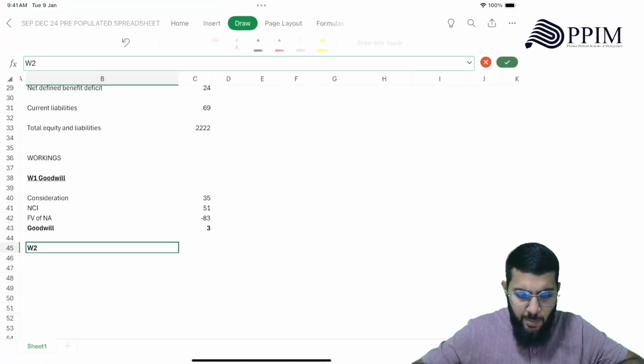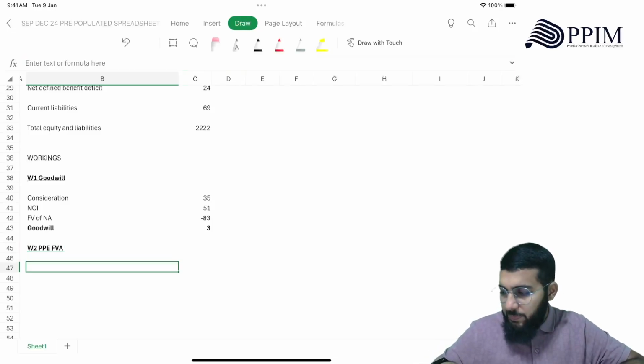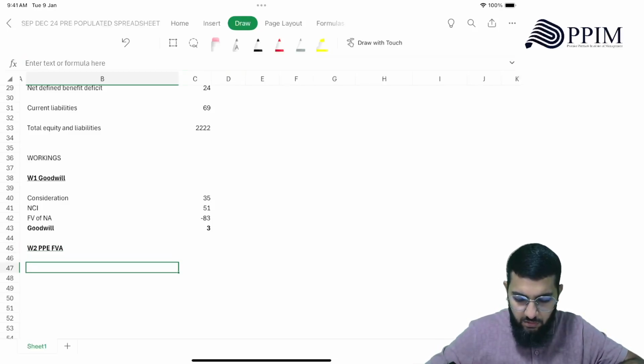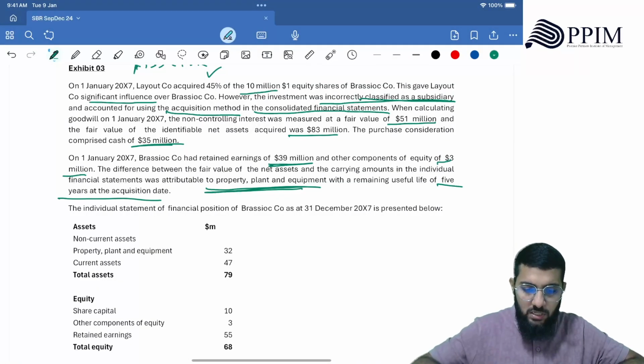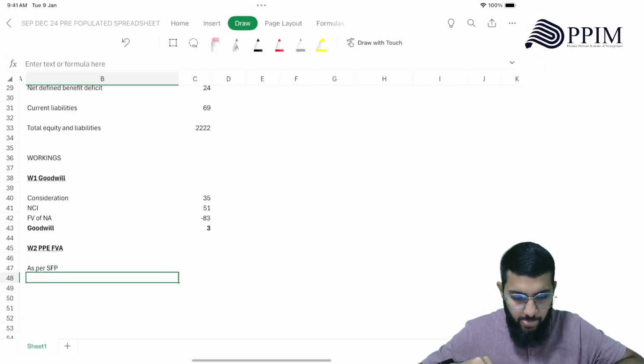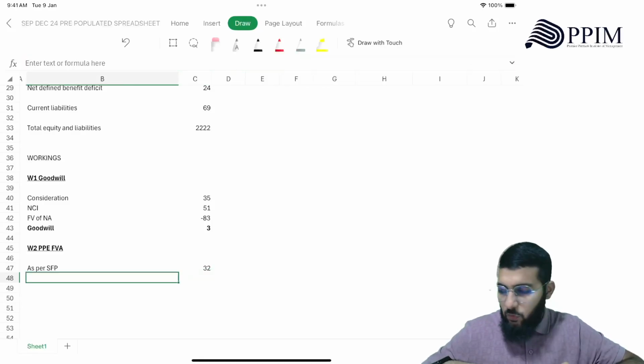Working 2, PPE fair value adjustment. What was the PPE figure as per statement of financial position, individual financial statement? As per SFP it was 32.